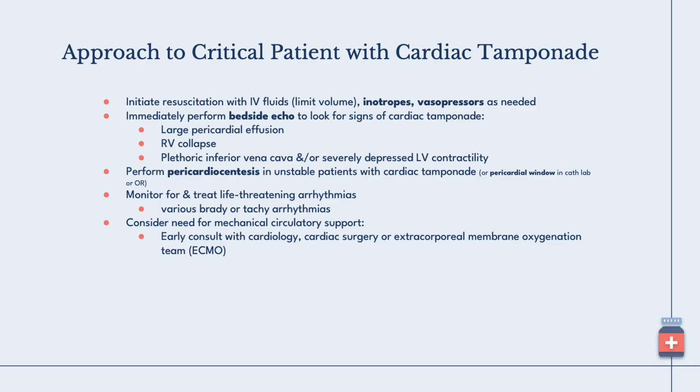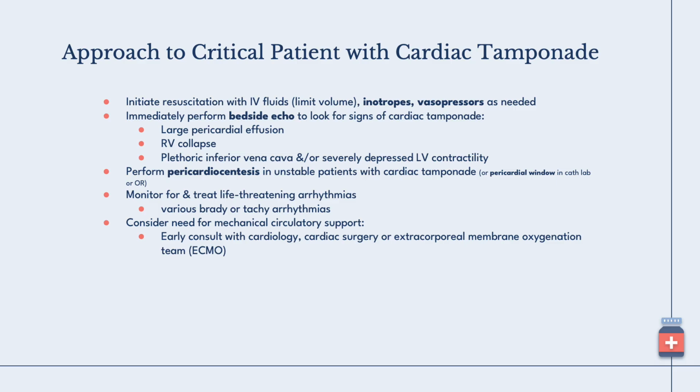So you'll have a hypokinetic left ventricle. Perform pericardiocentesis in unstable patients or a pericardial window, which is either done in the OR or the cath lab or ICU, as where we did it.